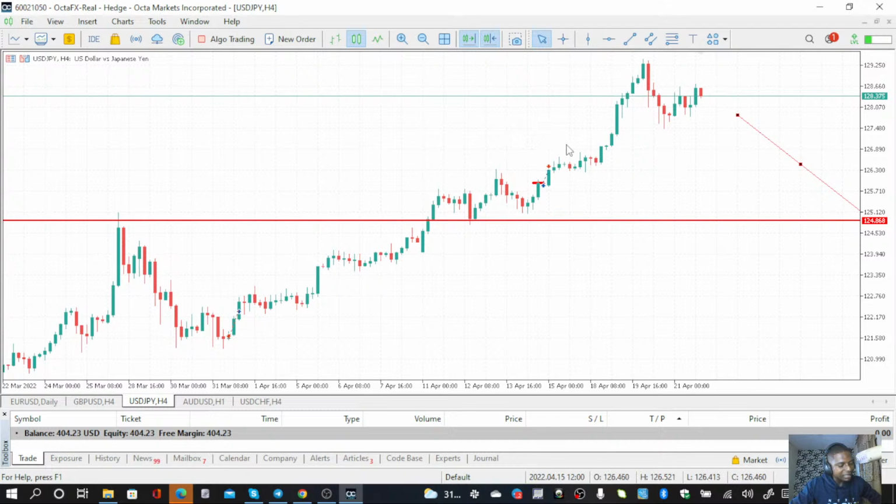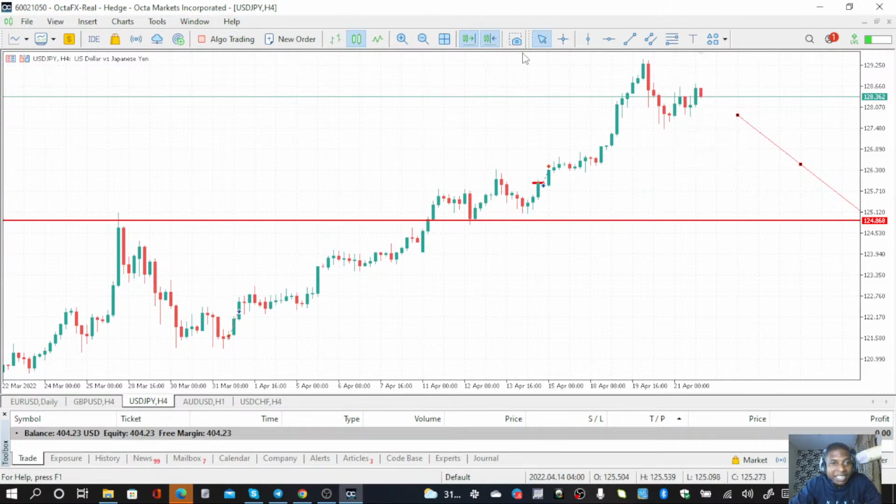On the 4 hours time frame, there is a pullback, and at this pullback the market is trying to push up a bit.